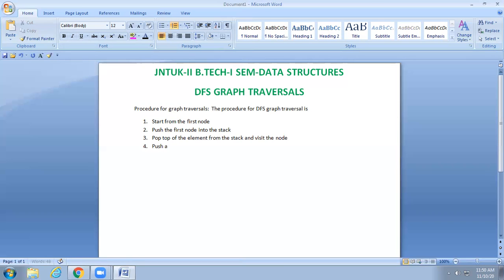Push all its adjacent vertices into the stack which are not visited and not in the stack.